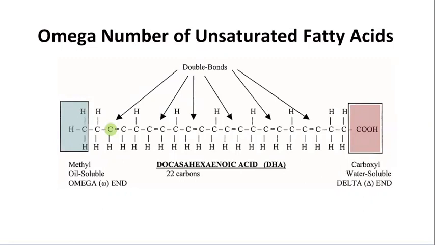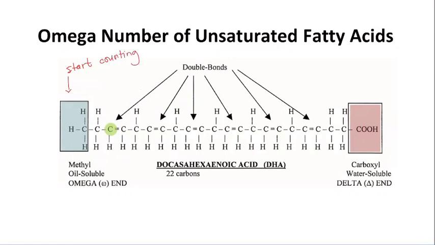When we're trying to define the omega term in a particular unsaturated fatty acid, understand that the omega number in your unsaturated fatty acid is going to be given by start counting from the CH3. And the omega number simply tells you the number of carbon-carbon double bonds that you have in your structure, okay?